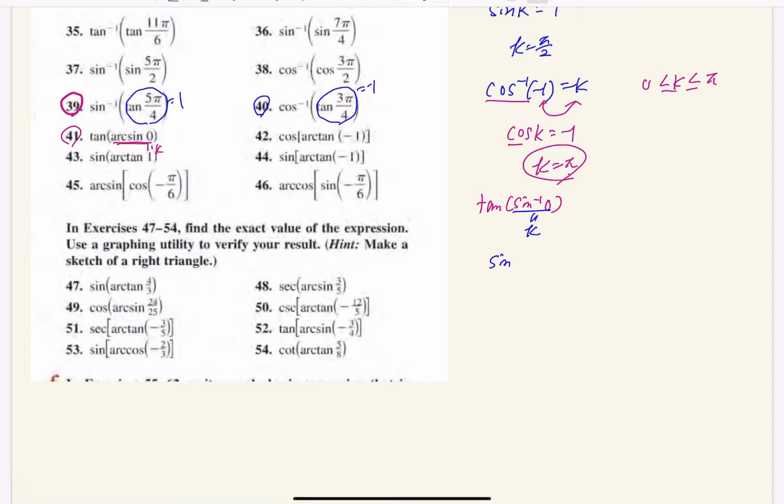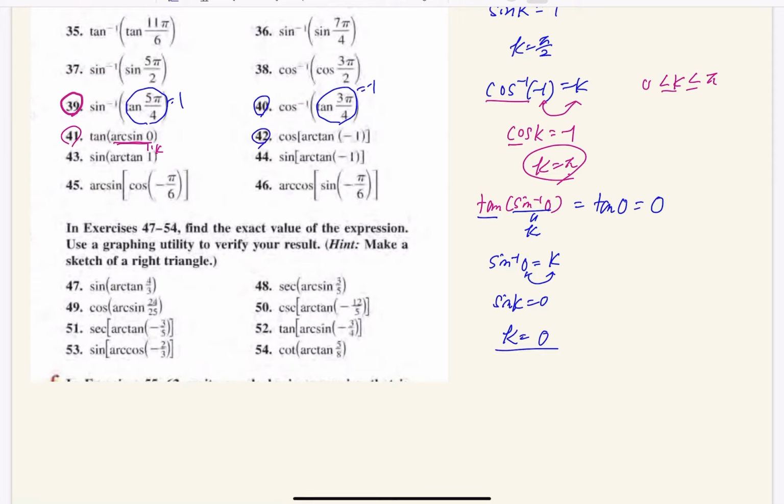Sine inverse 0 equals k. Switch x and y, sine k equals 0. What's k? k is 0, because sine 0 is 0. Because k is 0, it's like finding tangent of k, which is tangent of 0. Tangent of 0 is 0.